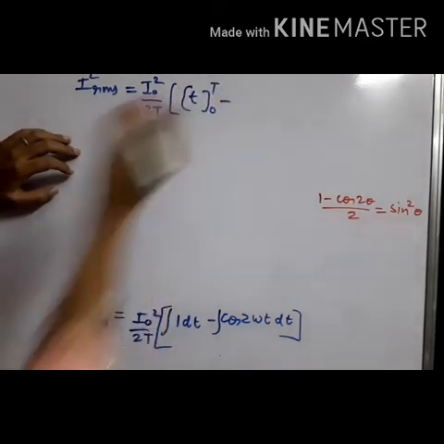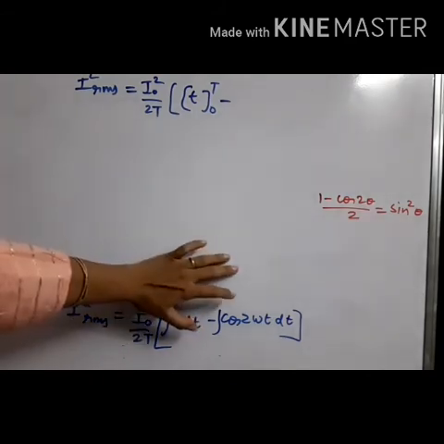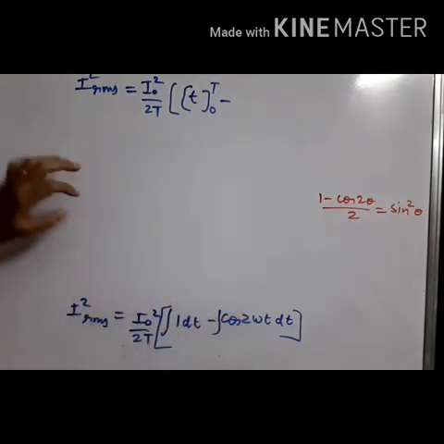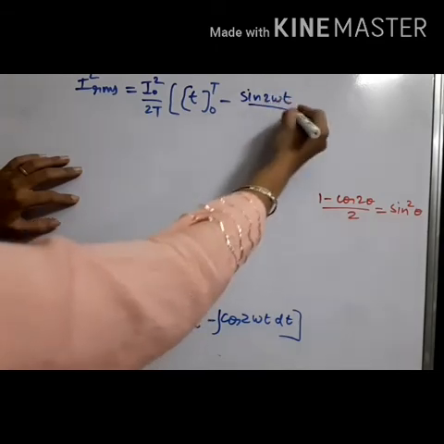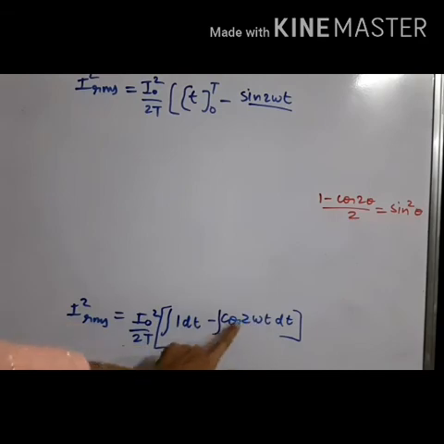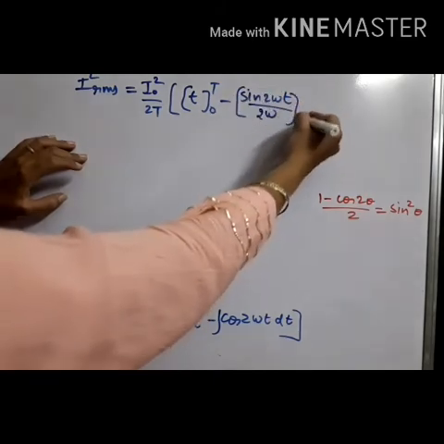Limits are 0 to T. Then the integration of cos is sine, and 2 omega is constant, it will be divided. So cos theta's integration is sine theta. And whatever is other than t, that means 2 omega, that will be divided. And then we have to put the limits.